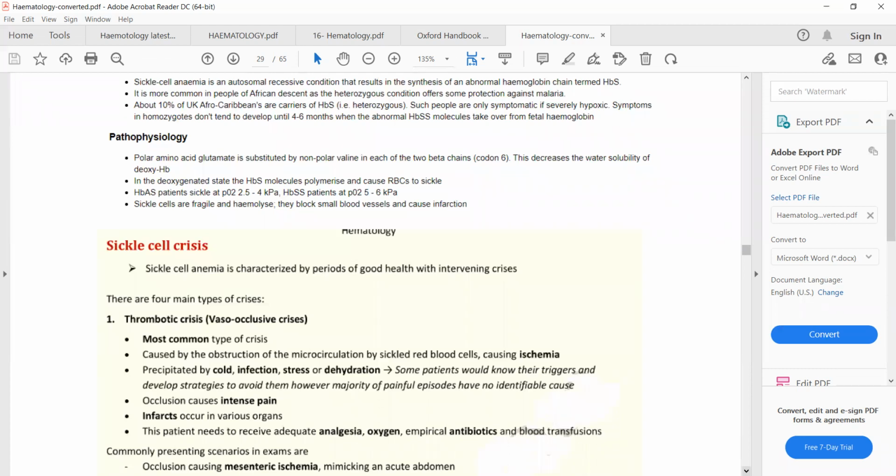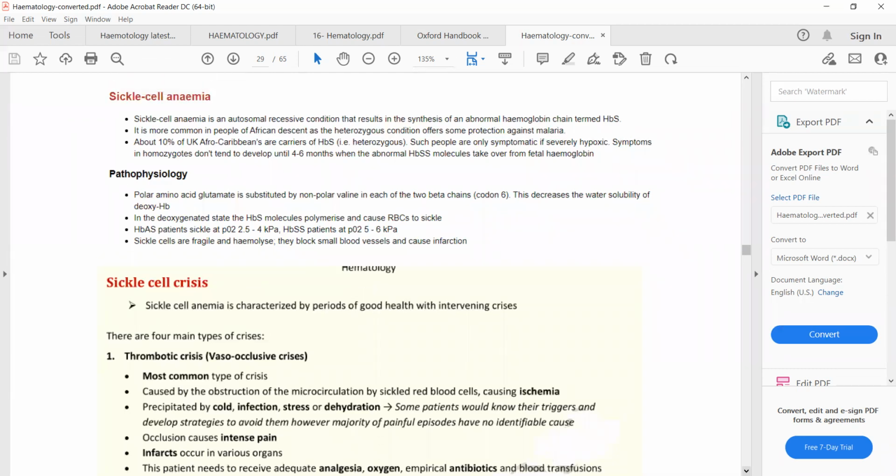So what happens in sickle cell anemia? The sickle hemoglobin, due to this replacement of glutamate by valine, whenever it is in a deoxygenated state, polymerizes and causes the RBC to sickle.